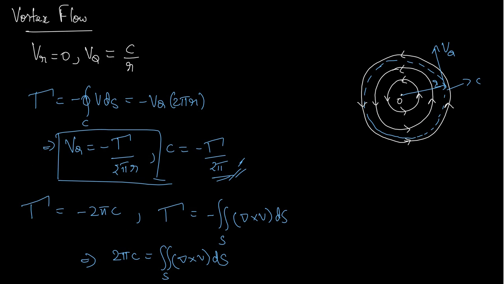We can now see that the circulation is constant along any contour that we take inside the vortex flow. For any r, the circulation will remain constant, even if it is very close to the origin or very far away from the origin. The circulation is always minus 2 pi c.